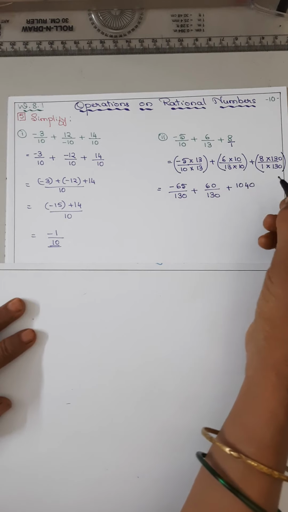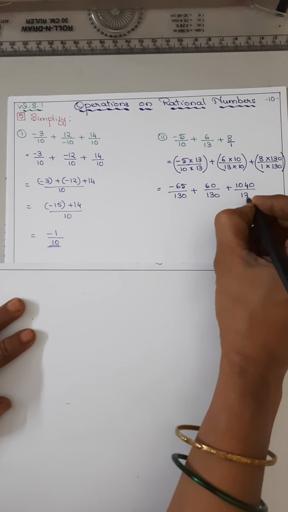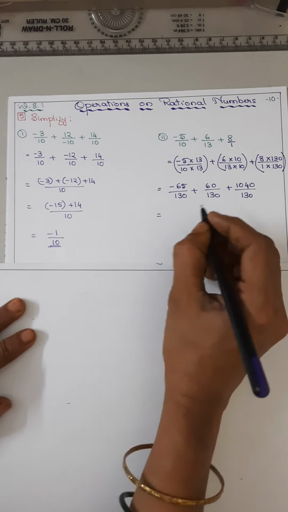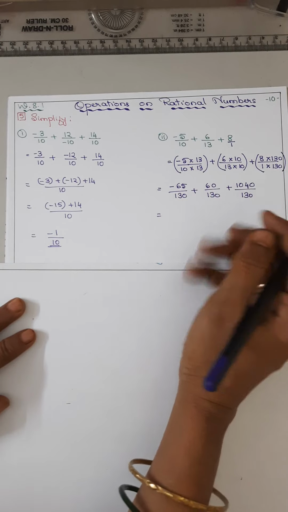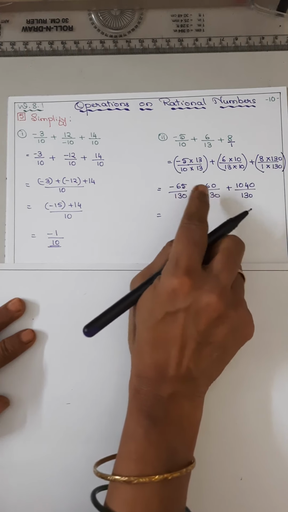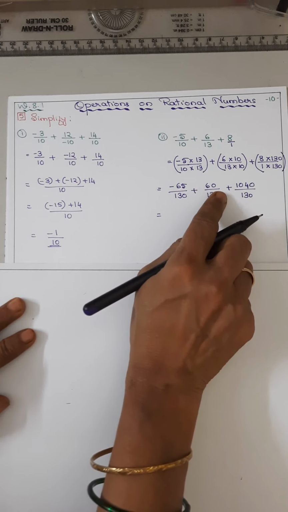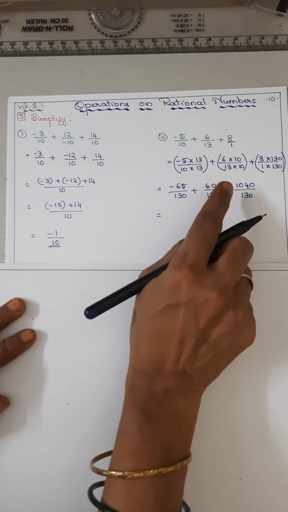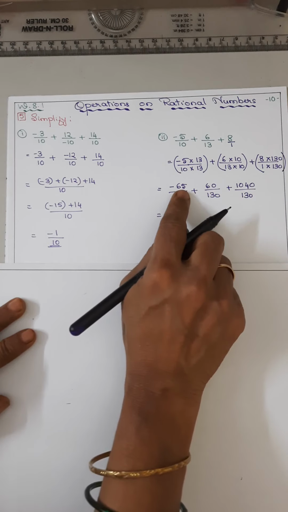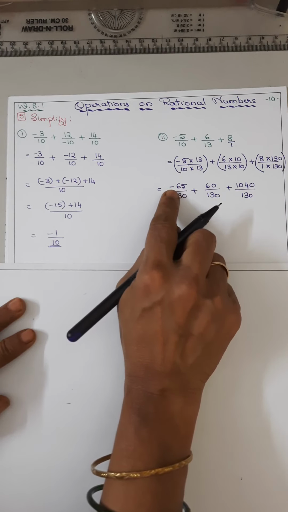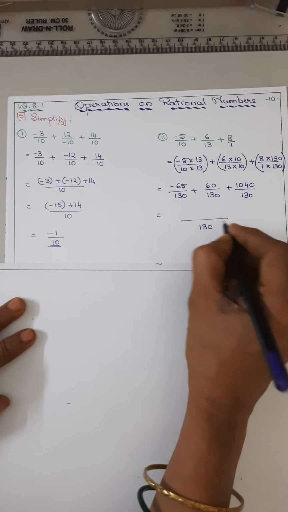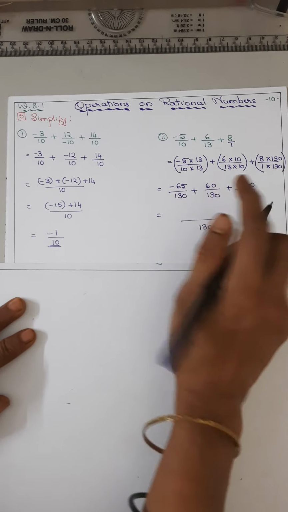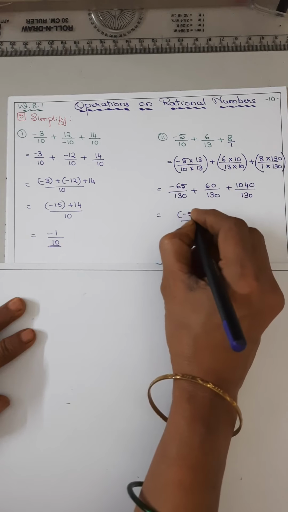So it is 1040 upon 130. We can do positive first and then negative, but here it is easy. Minus 65 plus 60, different signs, subtract. 65 is big, so the sign is minus. So this will come 130.